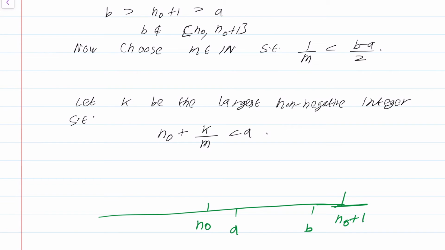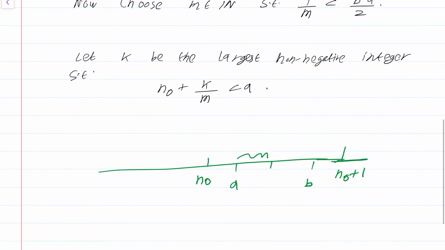Now we have chosen (b minus a) by 2, that's exactly half this length. And then we are choosing a natural number so large that 1 by m is less than half the size of this interval (a, b).